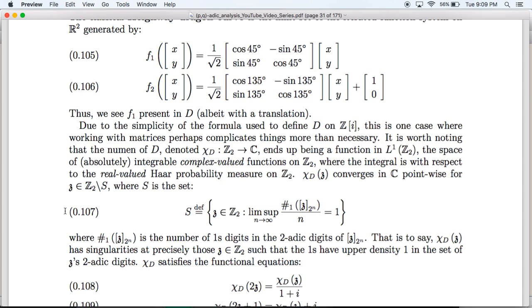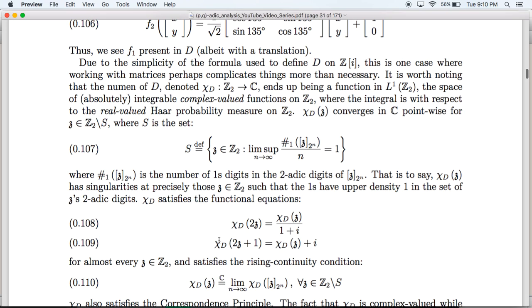Specifically, chi_D(z) converges in C pointwise for z in Z_2 take away S, where S is the measure 0 set of z's such that the lim sup of the number of 1s in z mod 2^n divided by n converges to 1. That is to say, the singularity set is precisely those 2-adic integers z whose 1 digits have an upper density of 1 in the set of their 2-adic digits.